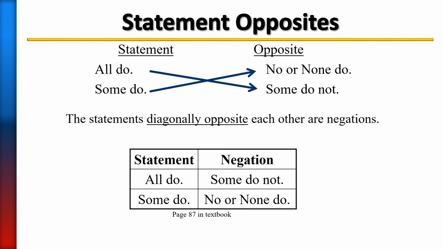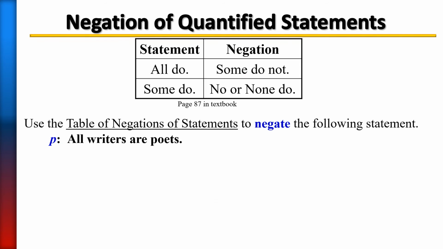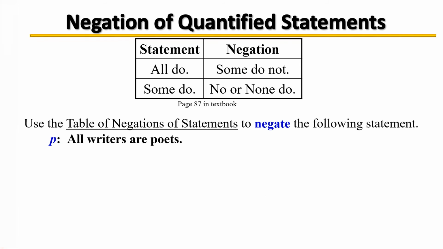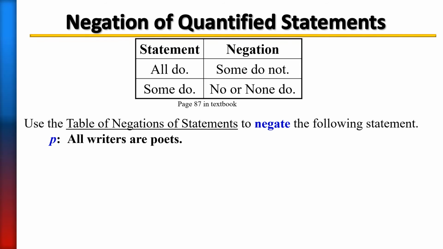Let's do some examples. I'm going to leave the chart at the top of the page from your textbook, page 87, for you to look at as a reference in case you get stuck in negating statements. So let's go back to that statement we talked about, where all writers are poets. Let's negate that. It has the quantifier all in it, so we go up to our chart.